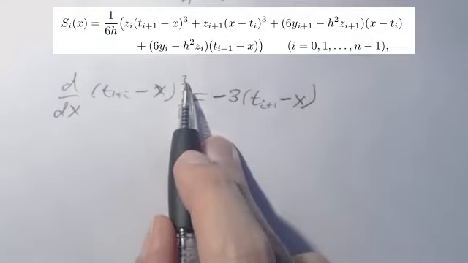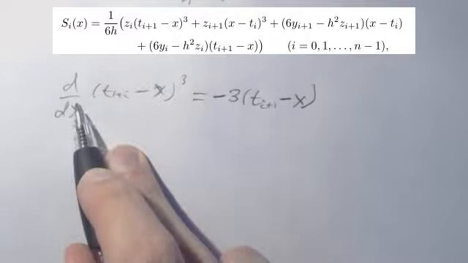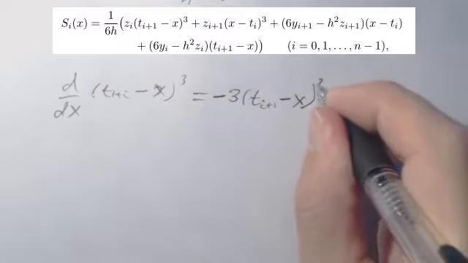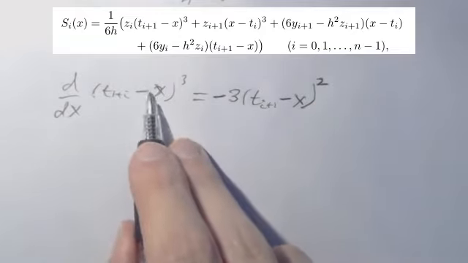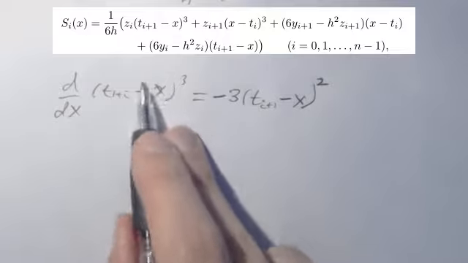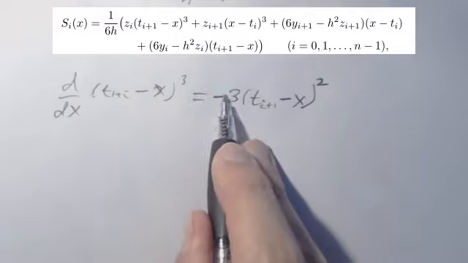The power comes to the outside, the power reduces by 1, and we also have to multiply through by the derivative of the x term here, so we get a minus on the outside.